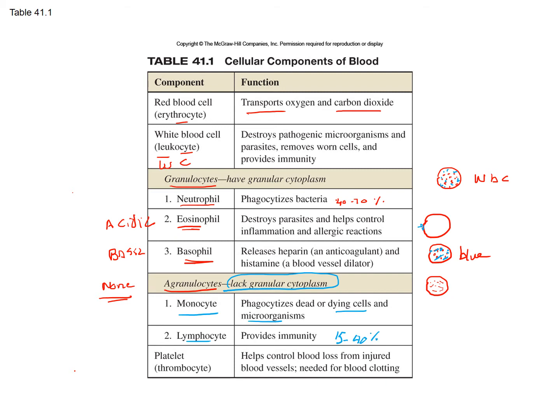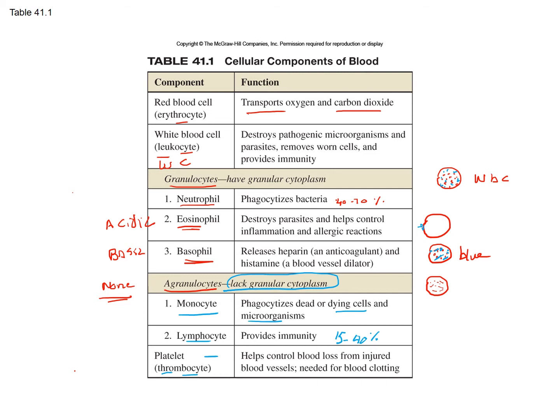And the lymphocytes are the most abundant between both of them, making probably 15 to 40% of the white blood cells. It provides immunity, and when we study the lymph nodes, we're going to find out a lot of details about the lymphocytes.